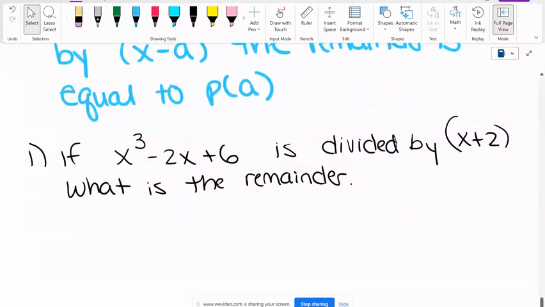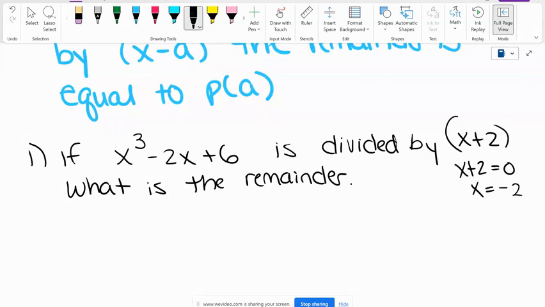And we figured out the remainder is 2. But I don't want to use synthetic division. Based on the remainder theorem, it is telling us that if I take my binomial and solve for x, so if I take x plus 2 and solve x plus 2 equals 0, what is x? X is negative 2. If I take that value, negative 2, and plug it in to the polynomial here, and simplify that down.